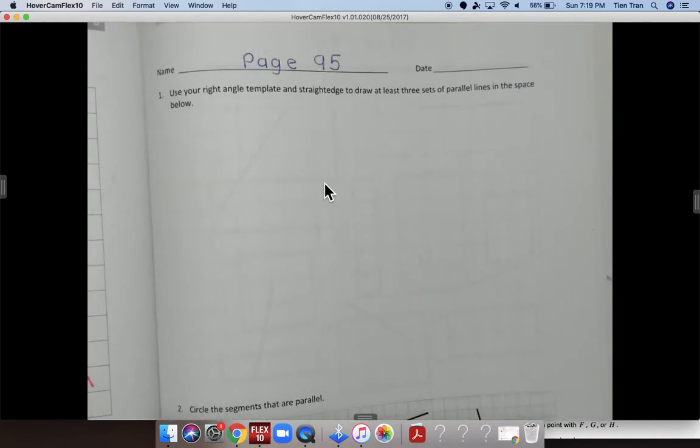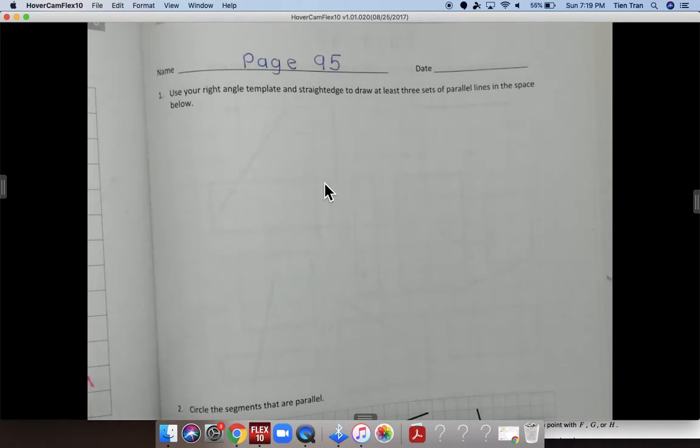Page 95, it says use your right angle template and straight edge to draw at least 3 sets of parallel lines in the space below. So same idea, we're going to make sure that we draw parallel lines, and remember parallel lines do not meet. That is when 2 straight lines in a plane do not intersect at any point, and that's what we call a parallel line.